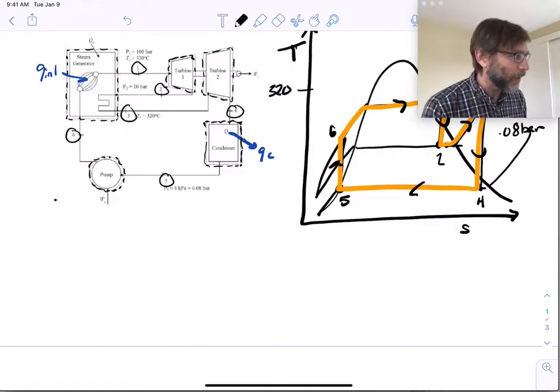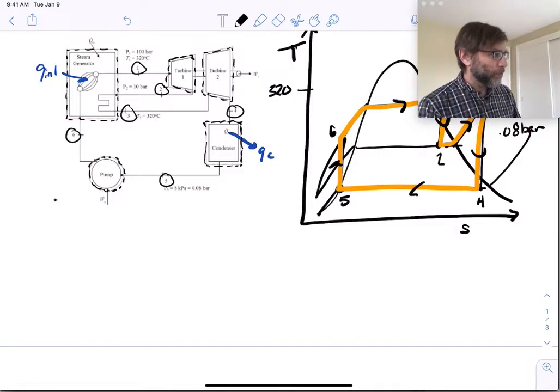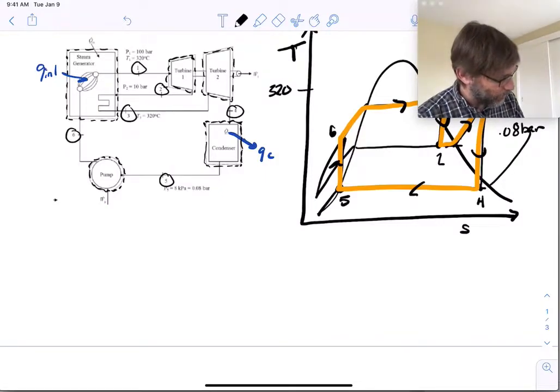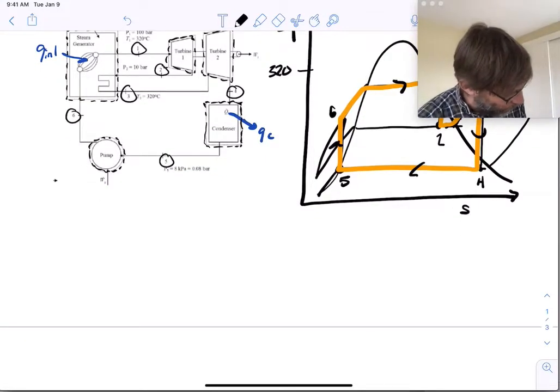Now, we have to analyze all the states. What I typically do is put together all the states, and I'll start with state 1, because we're given state 1 in the problem. So analysis, we'll start with state 1.